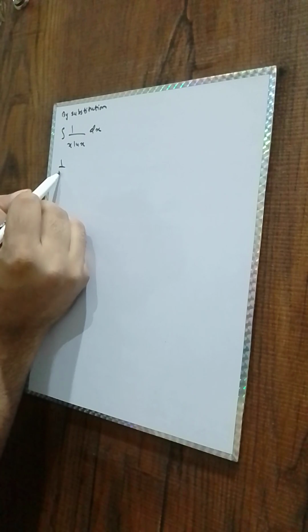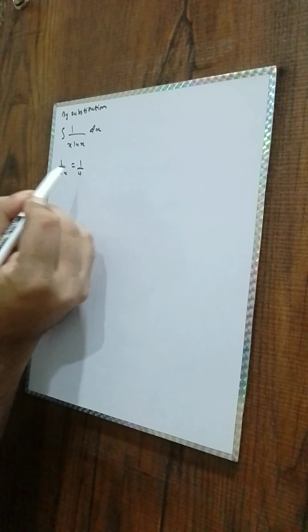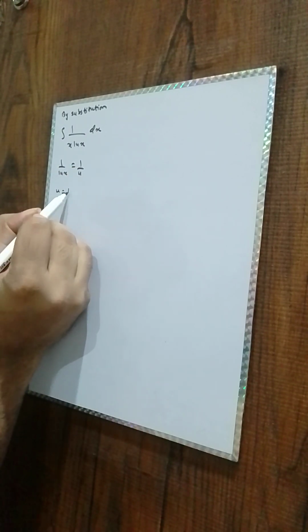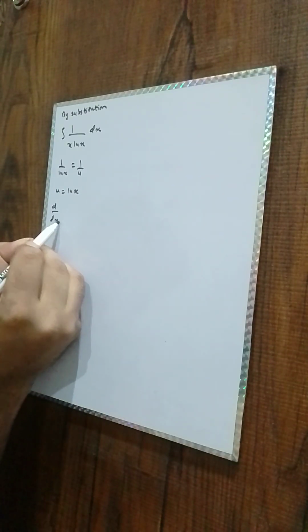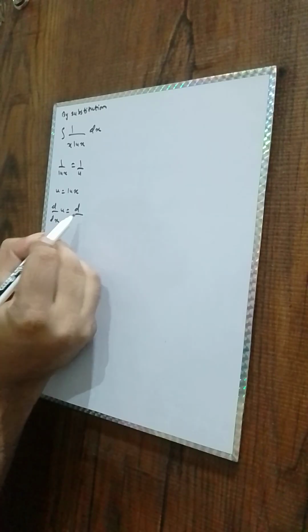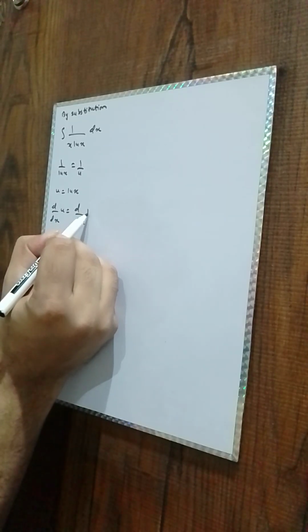It says 1 by natural log of x is equal to 1 by u, which means u is equal to natural log of x. Okay, so now the differentiation of u with respect to x would be d by dx of u is equal to d by dx of natural log of x. Okay, and this involves differentiation, which is the preliminary process which we learned before integration, because integration is antiderivative.